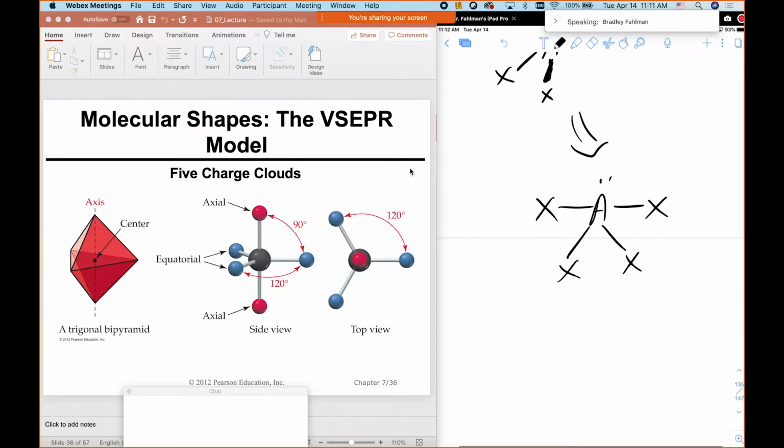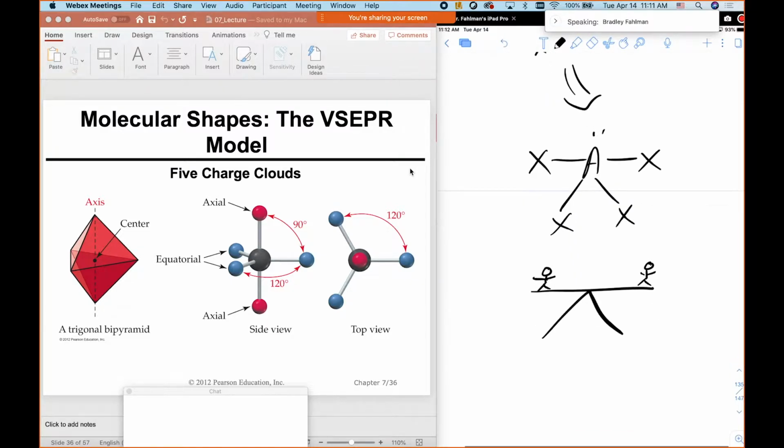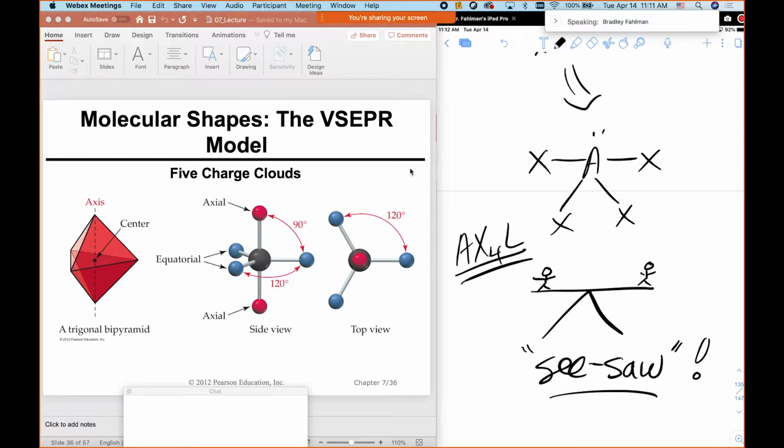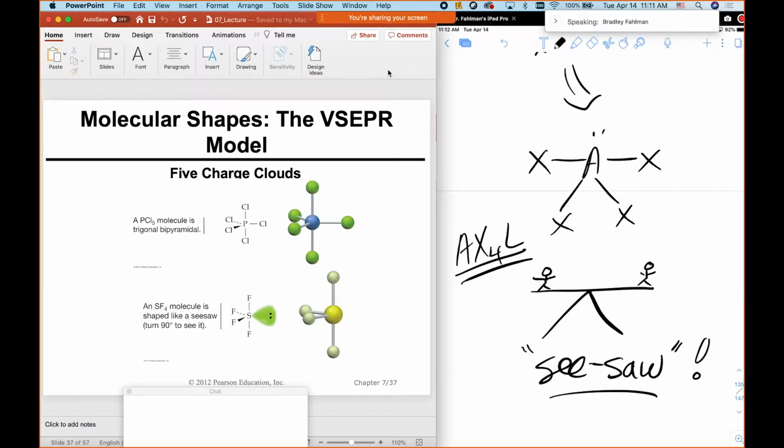So if you had this kind of thing going on, and then you're standing here, someone else there, this is like your teeter-totter. Well, this shape, it's called the seesaw shape. Okay, so it's nothing more scientific than that. So AX4L is called seesaw. Okay, and so that's what that looks like.